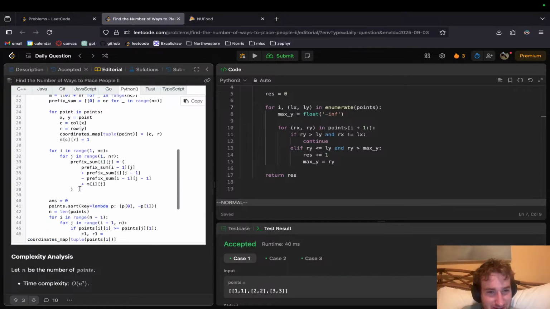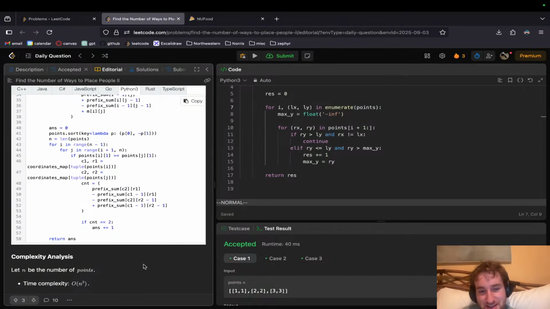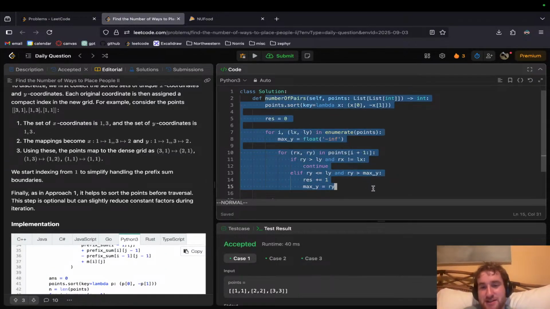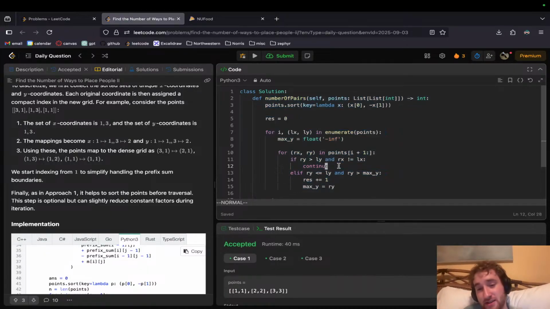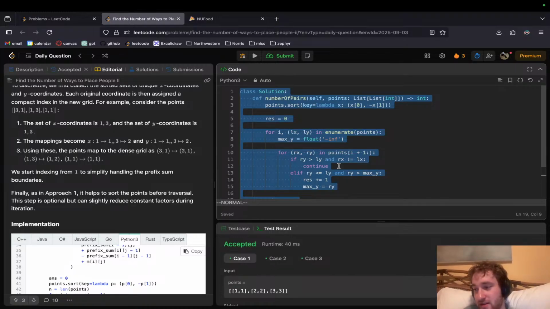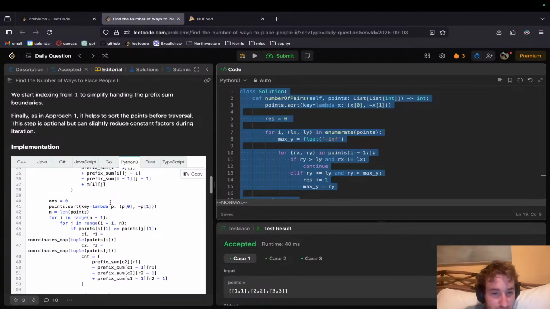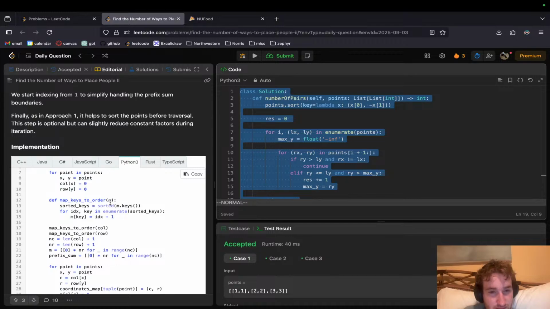Hell no. Bro, this is like the intuitive solution. I didn't even like their O of n cubed. That was not intuitive. This is the intuitive solution. I will die on that hill. Like, oh, fuck this, bro. I actually don't care. Alright, whatever.